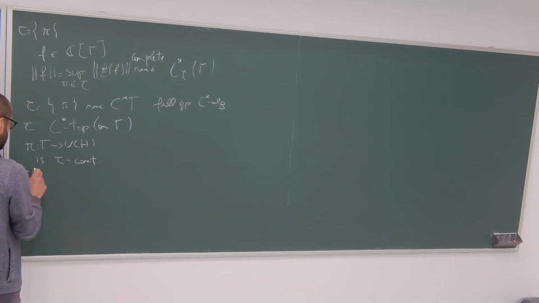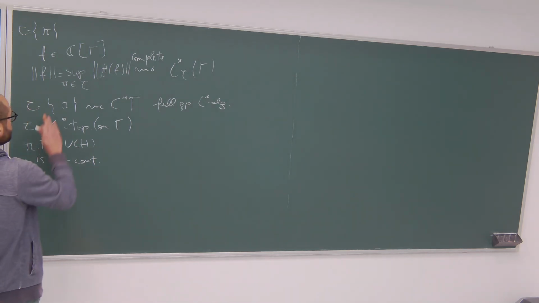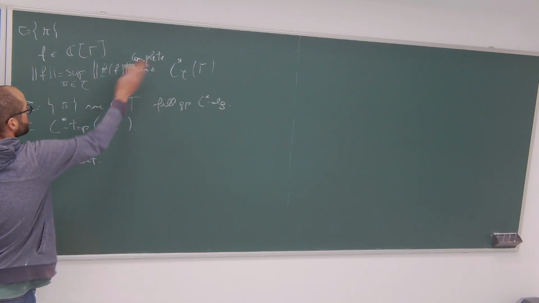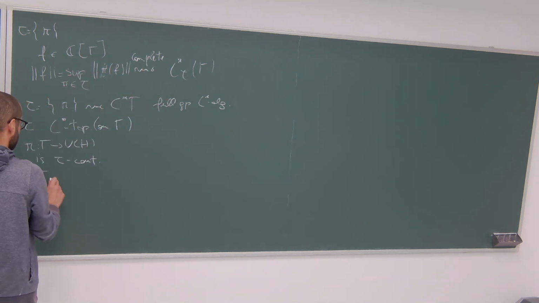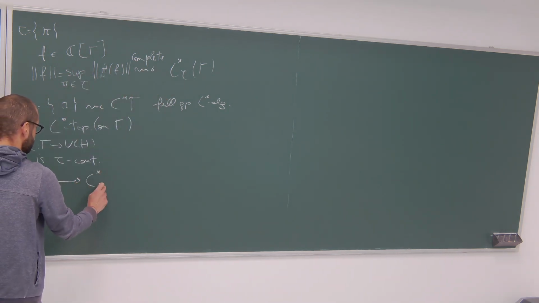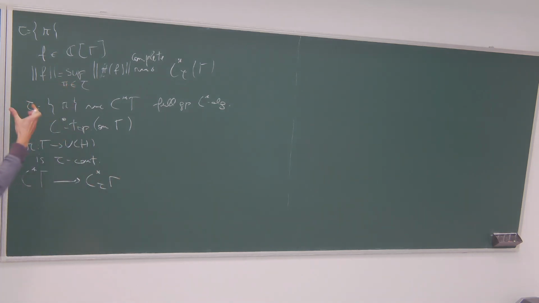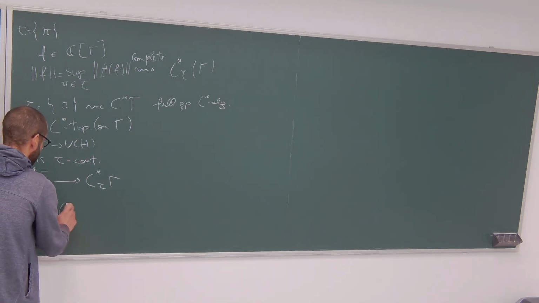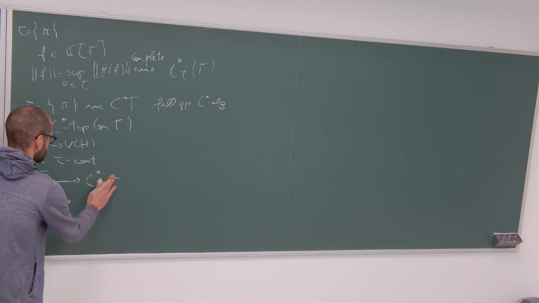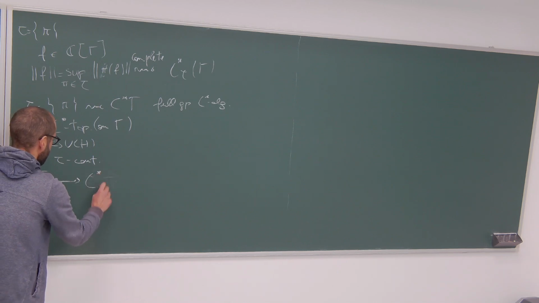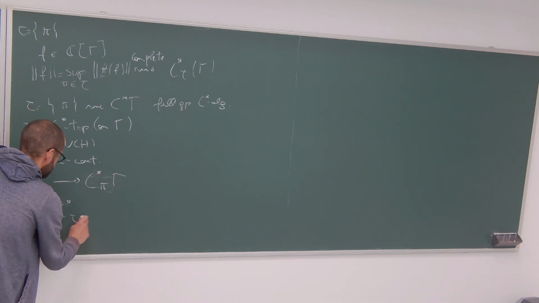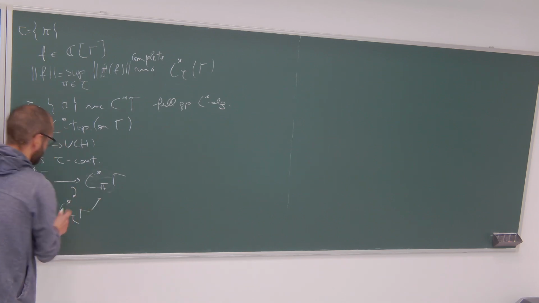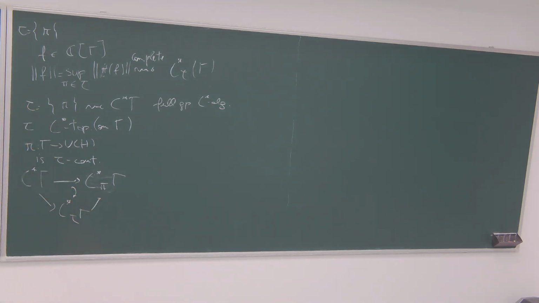From the definition, it's easy to see that these types of completions are always quotients of the full group C*-algebra, because I'm restricting to some representations. And I say that the representation is tau-continuous if C*(pi) factors through this particular condition. This is just terminology.